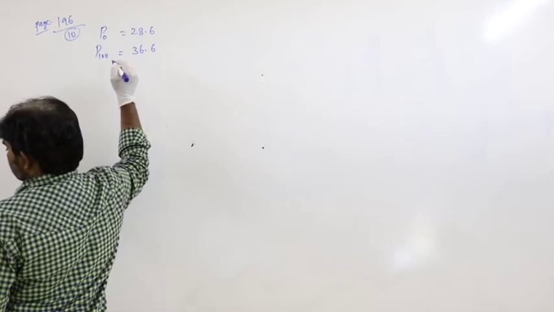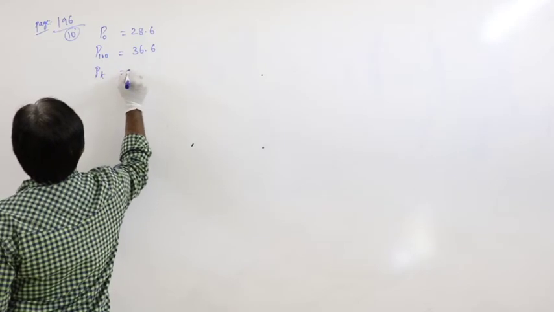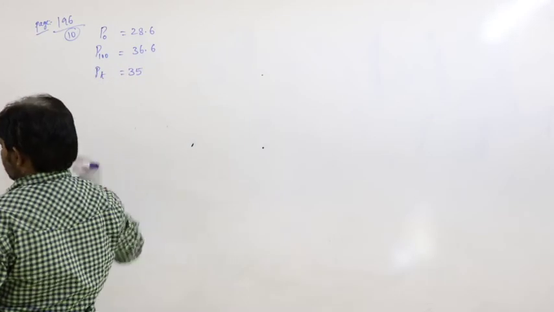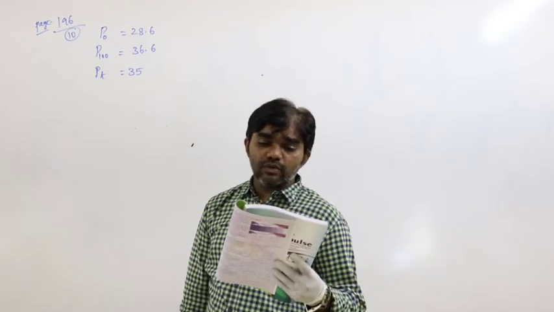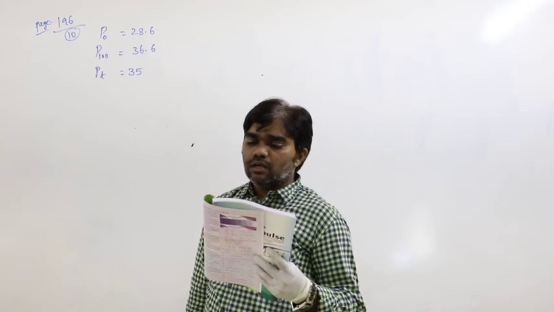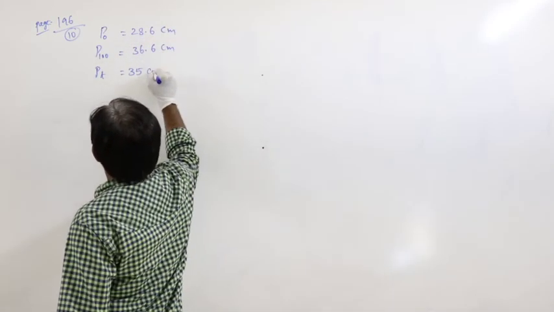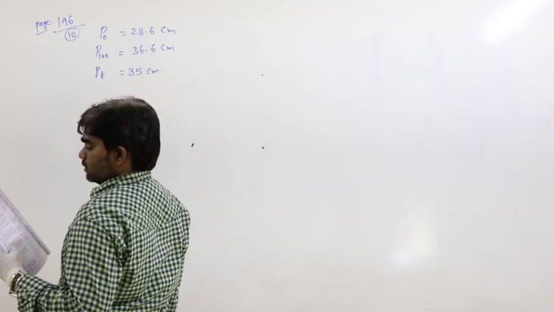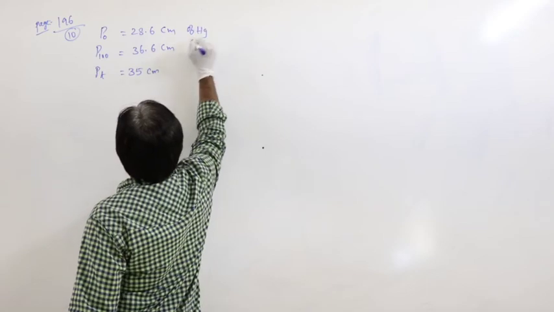The temperature of the bulb at which the pressure will be Pt equals 35, we have to calculate T. P0 is given as 28.6 centimeters of Hg.